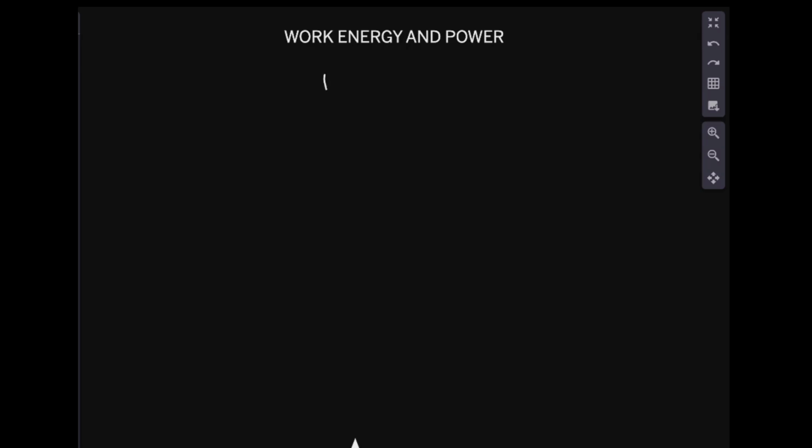This formula, K equals a half mv squared, almost looks like this. Remember, this is momentum. This is energy. Now, we understand energy as the ability to do work, right?